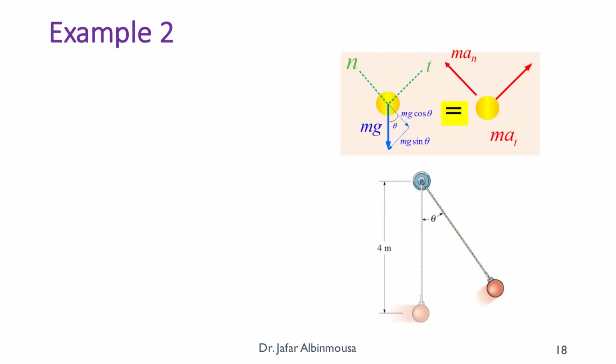So from the previous slide, we got at equals minus 9.81 sine theta, and 4 at d theta equals v dv. Now I'm going to set up the integral.